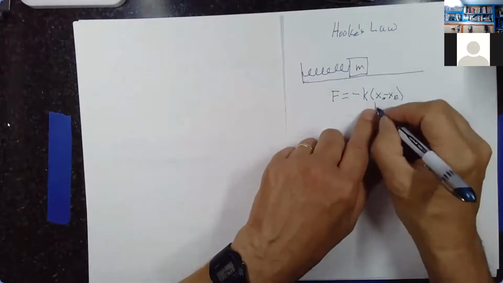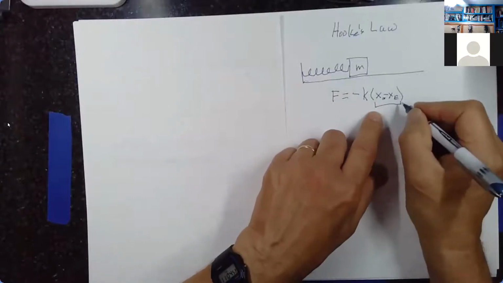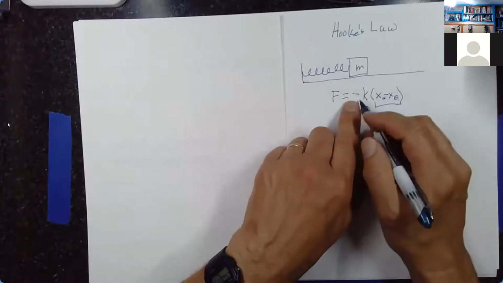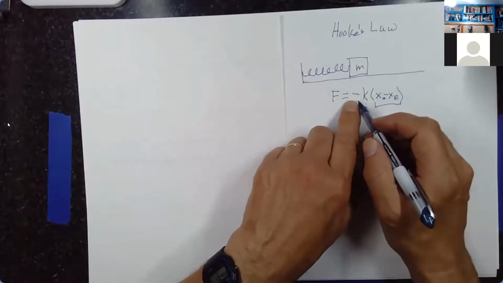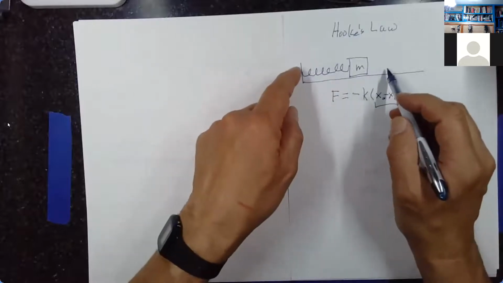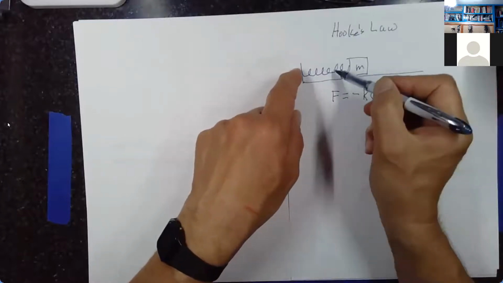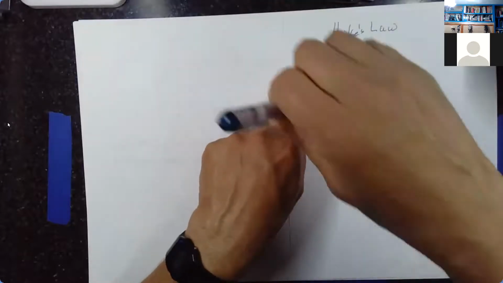And so this is the amount of stretch or compression that you're giving the spring. The minus sign means that if you try to extend the spring, it will pull back. And if you try to compress the spring, it'll push back.